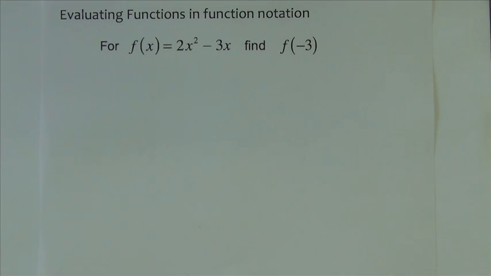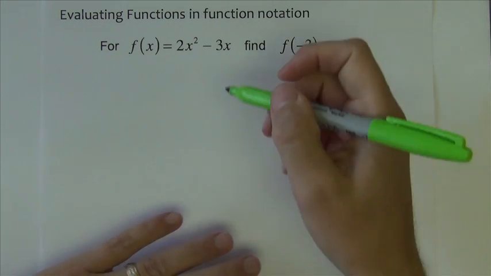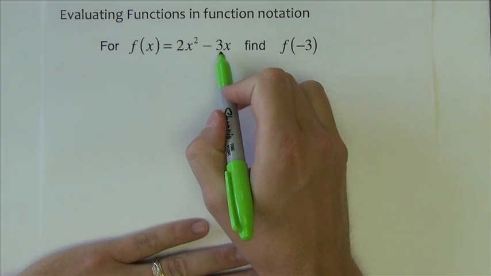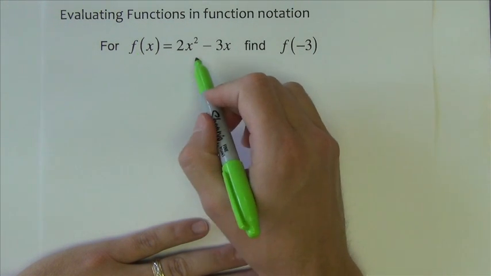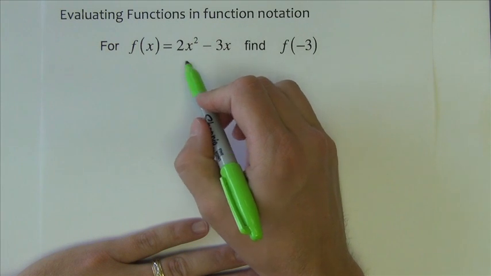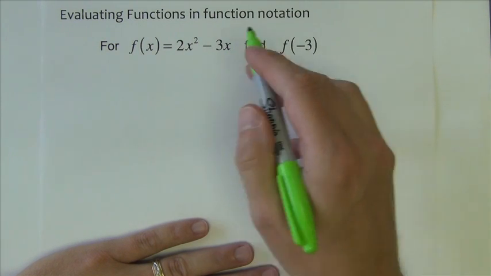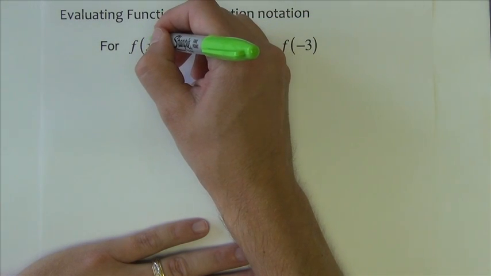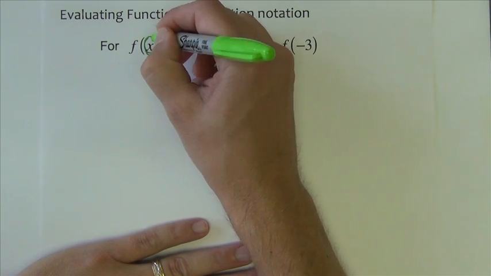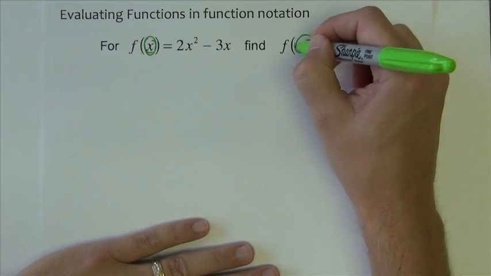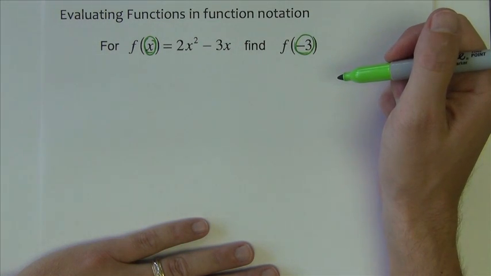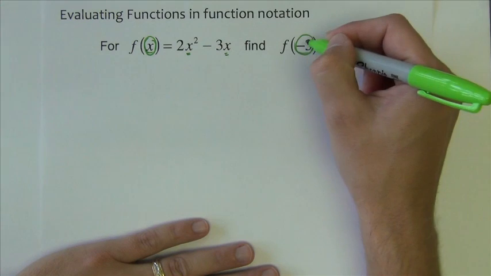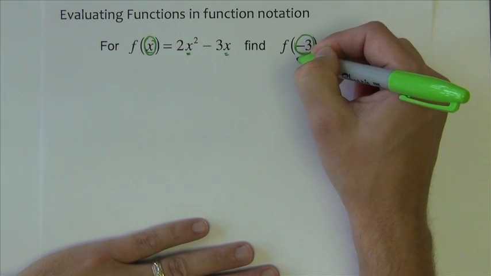So evaluating functions in function notation, we see here it says f of x equals 2x squared minus 3x. So we know that this is a function. We're asked to find f of negative 3. Notice that what I've done is I've replaced the x with negative 3.